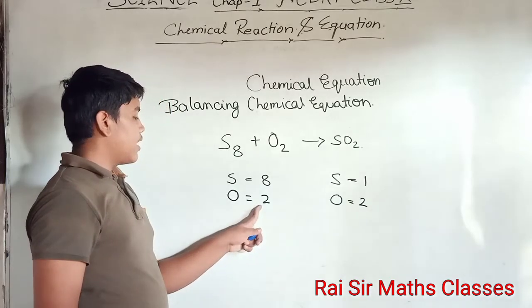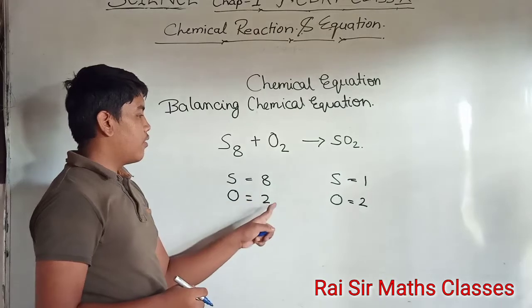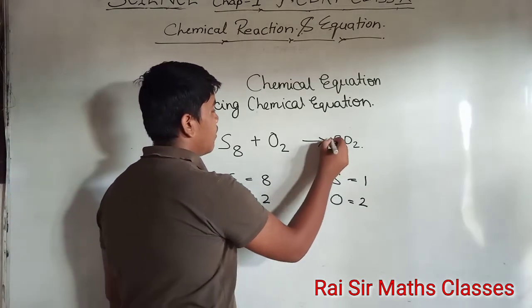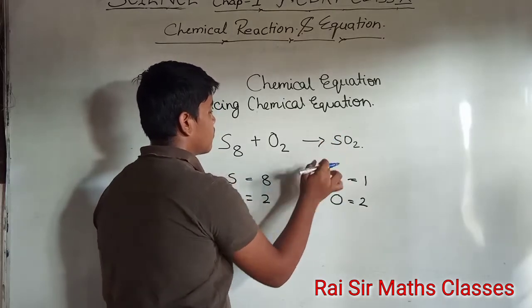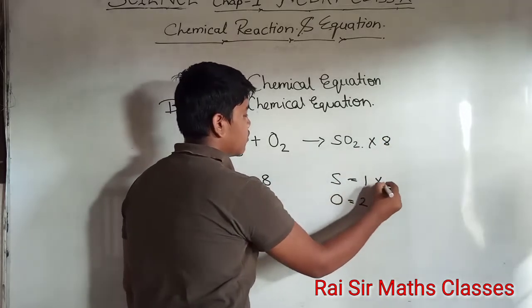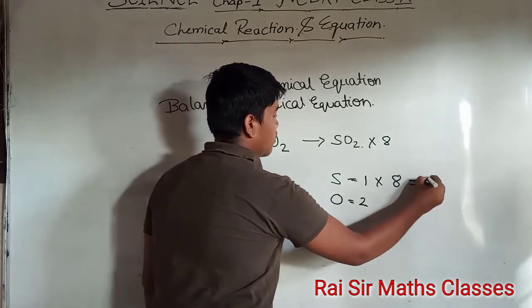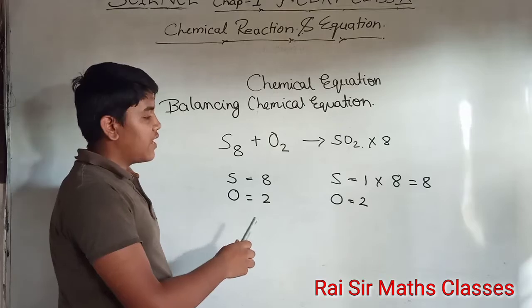So we can see that our oxygen is balanced but sulfur is not balanced. To balance it, we have to multiply it by 8. Now we are getting 8 atoms, which is balanced now.